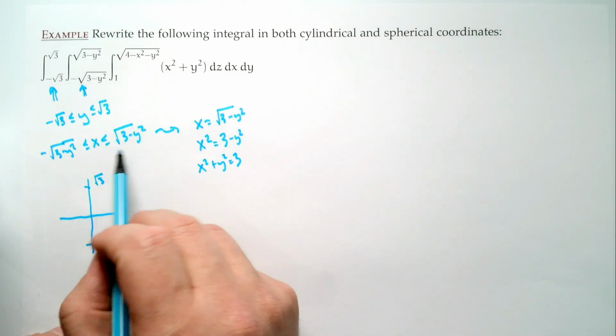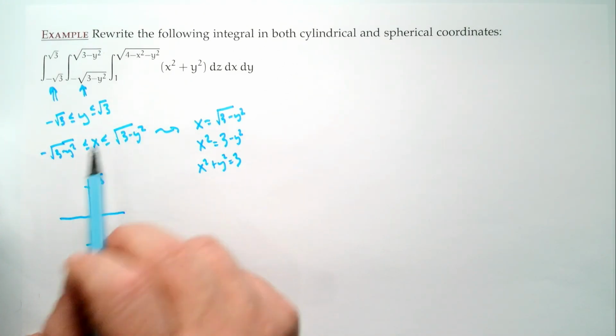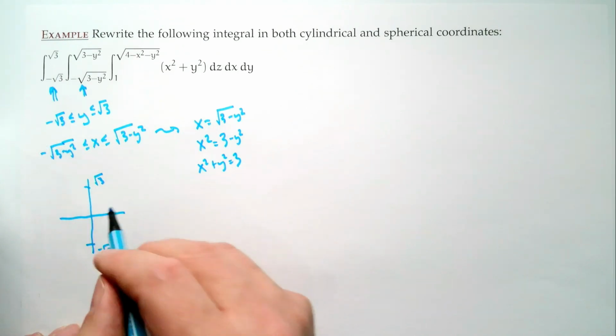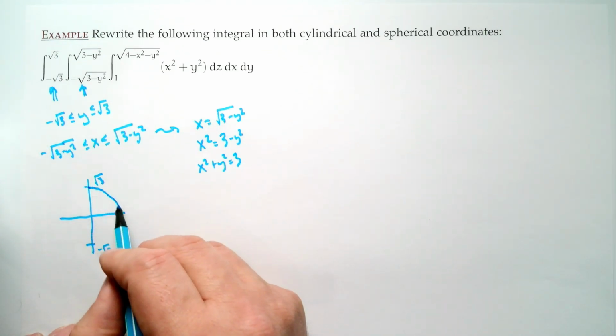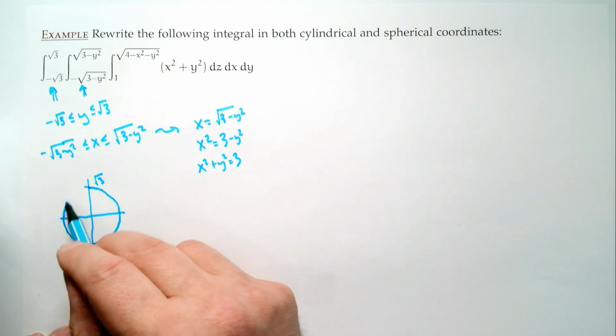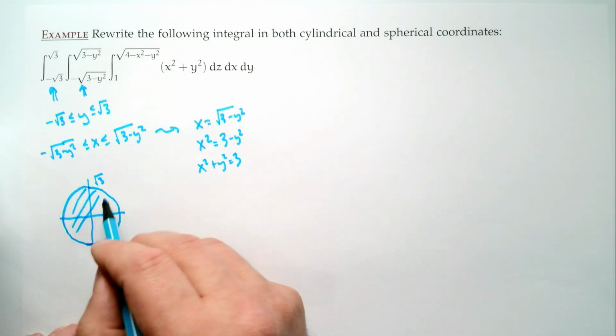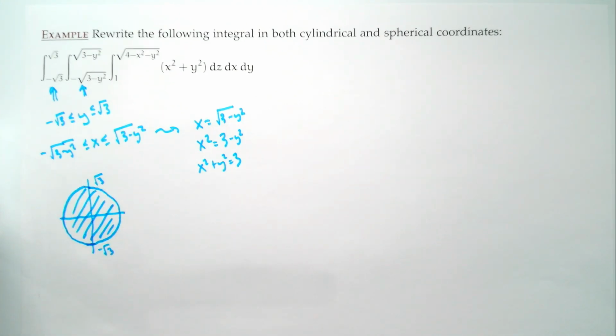See, what happens is this is the right-hand side. This is the left-hand side. So the bounds that were given to us were to tell us that this is our region in the xy plane. Now, we've only looked at the outer two integrals, so we still have one more layer to go. But the nice thing is we have a good grasp of the picture now.